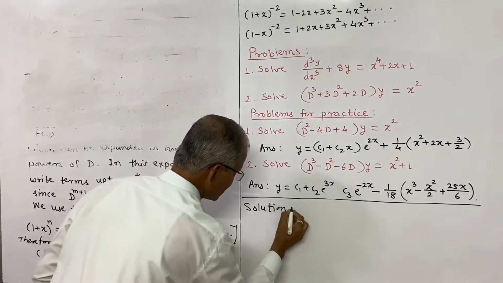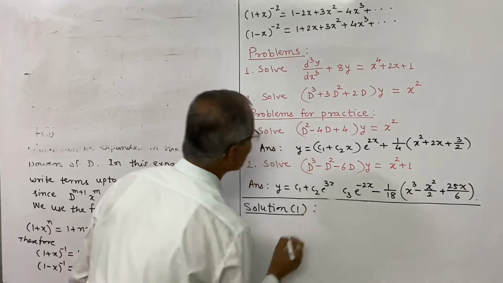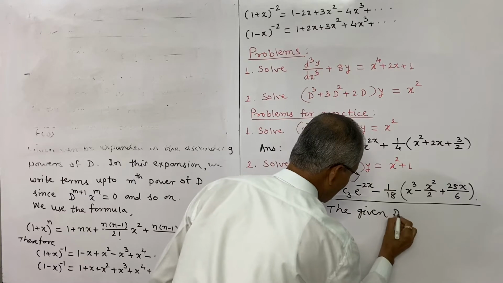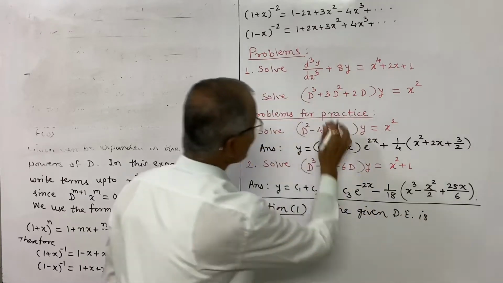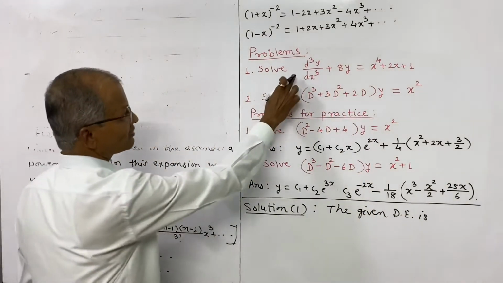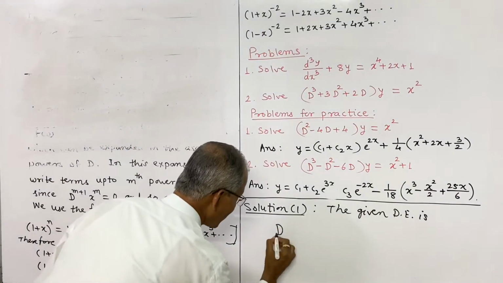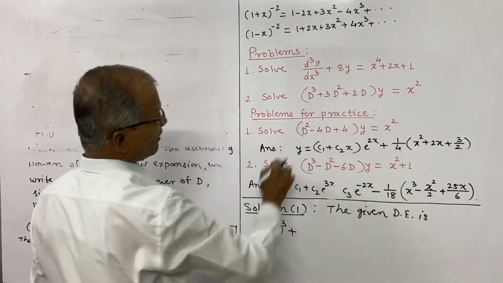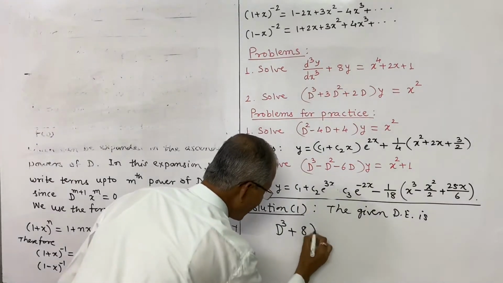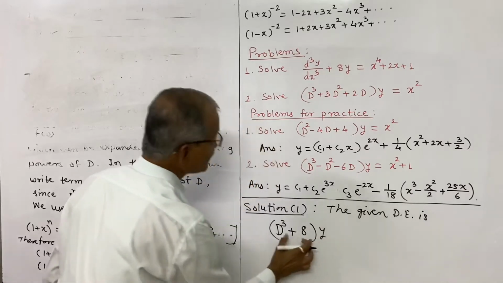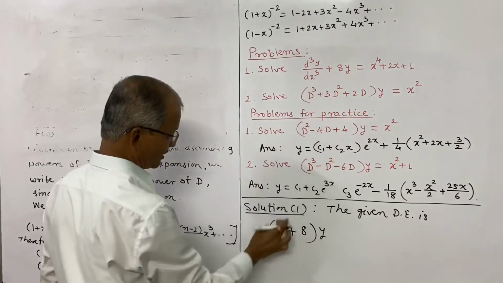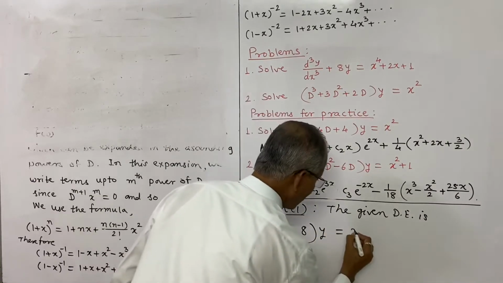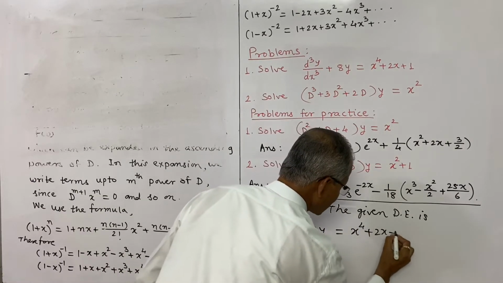The given differential equation, we will write in D notation. D stands for the derivative operator, D cube is the third order derivative operator, and plus 8 operated on y. D cube y means d cube y by dx cube, plus 8y is equal to x power 4 plus 2x plus 1.